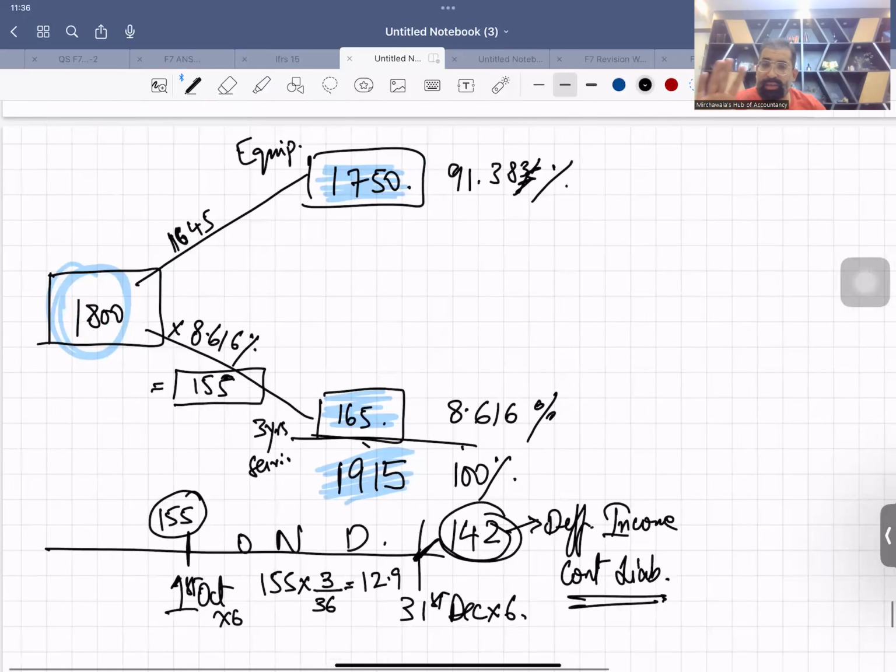You can have a look at the screen and think over it. This is a very important area.